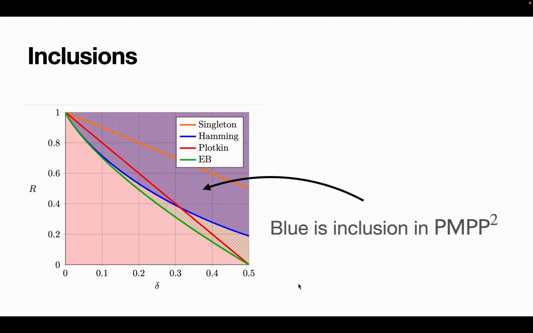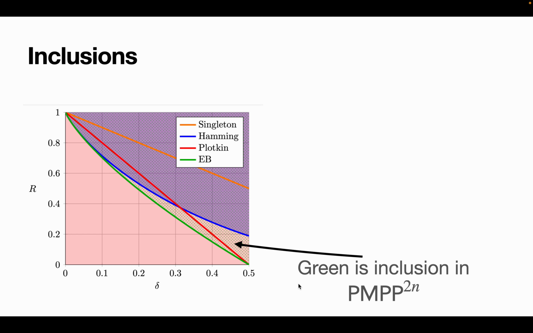What can we say about inclusions? Well, everything you see in this blue region here reduces to finding a two-wise collision in a compressing function. Furthermore, everything in this green region, which is a superset of the blue region because the green dots cover the blue region, corresponds to finding a 2n-wise collision in a compressing hash function, more collisions.